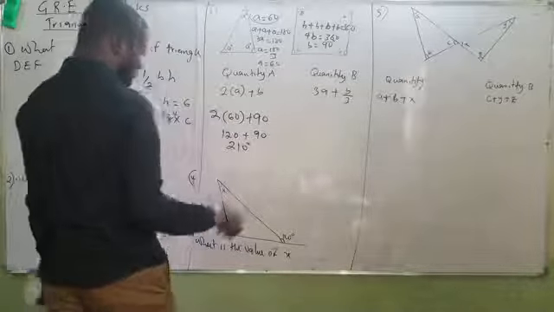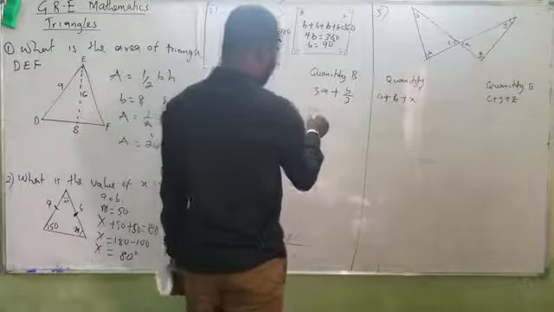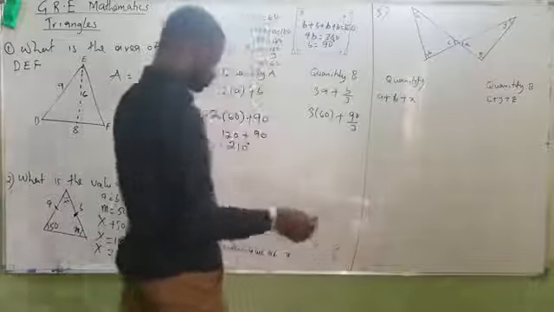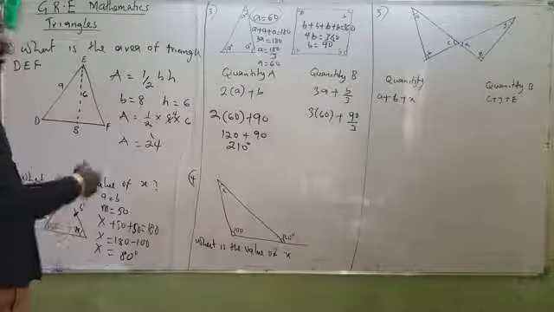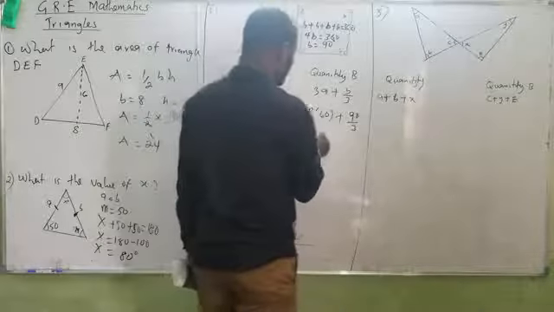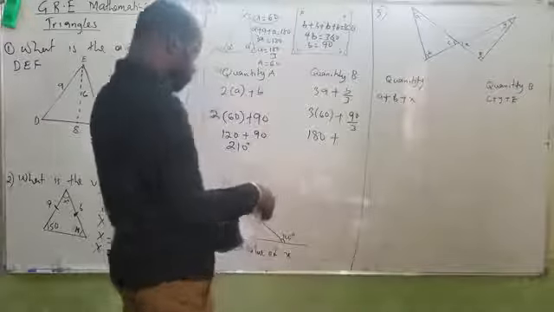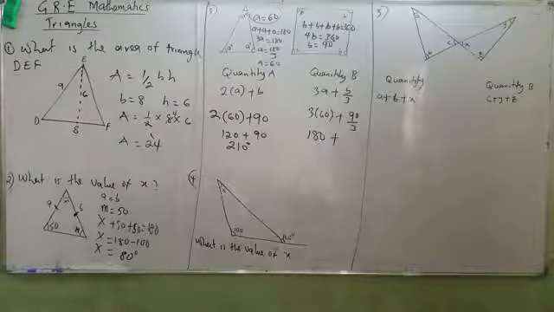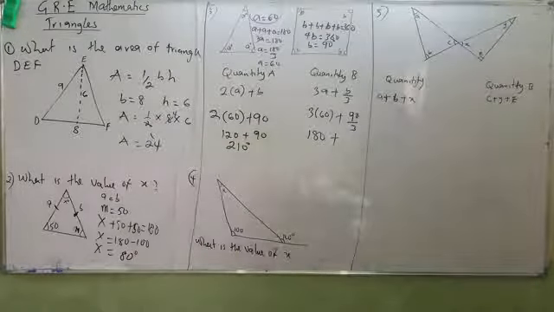Okay, 210. Now, look at this. 3 bracket of 60 plus 90 divided by 3. Now, I have this, it will be 180 plus, now we all know that 90 divided by 3 will be equals to 30.